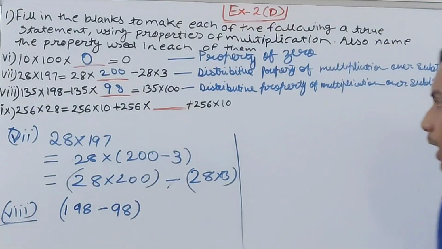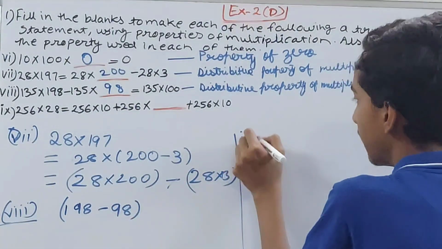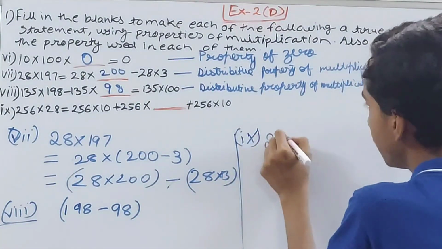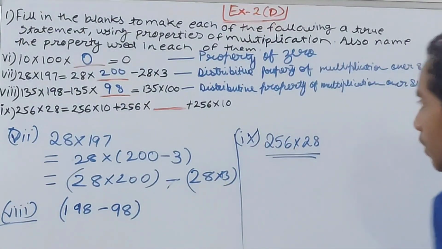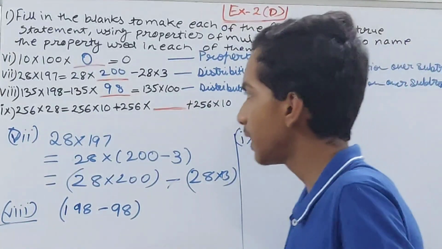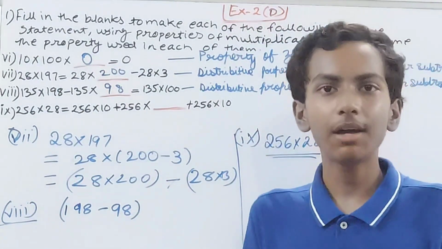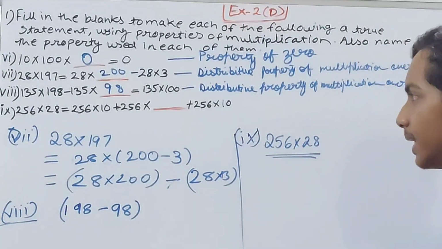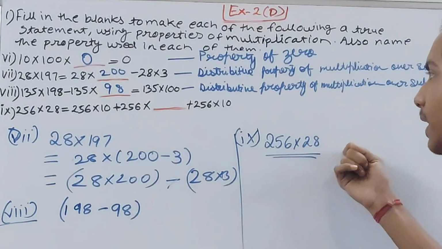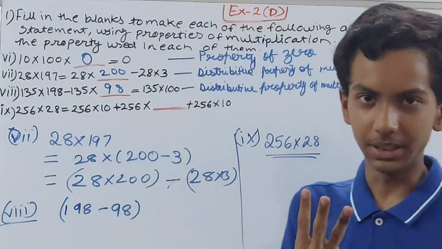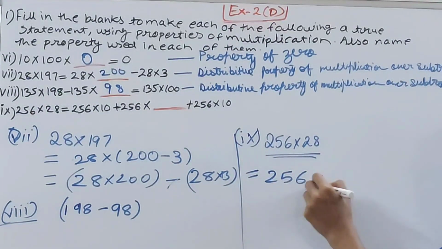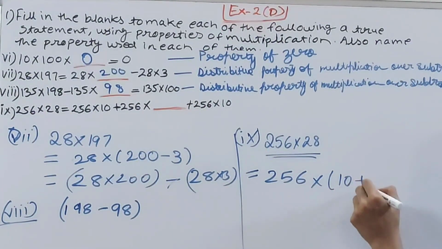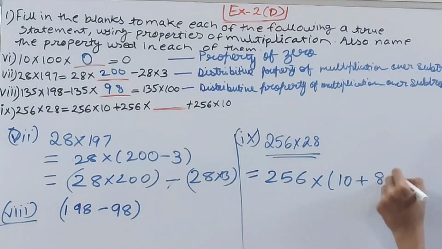Okay, see, in the ninth part you've got 256 into 28. Now how do you write this? 256 into 28, it's a big number. So what they have done, for our convenience, they have divided this 28 into 3 numbers. What are those 3 numbers? 256 into 10 plus 8 plus 10.